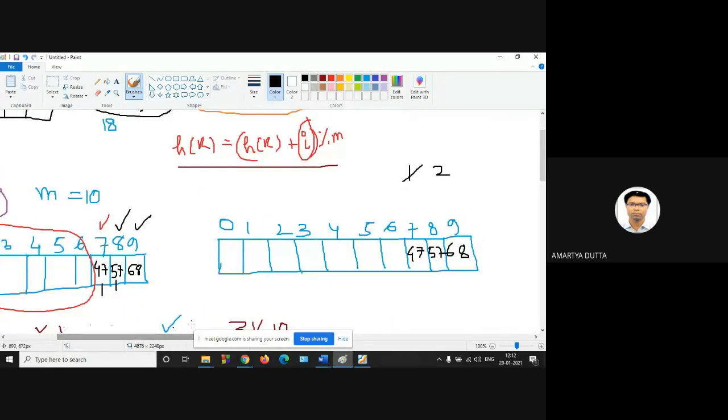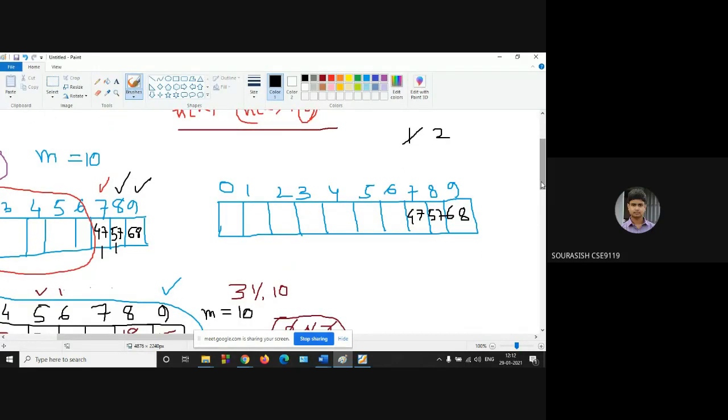Okay. Next one is 18. Saurashish, 18. Sir, this time it will be plus 4. Please look carefully. 18, that is 18 mod 10, so 8, but there is an element. So one collision, so 1 square, that is at position 9, there is another collision because 68 is already there.